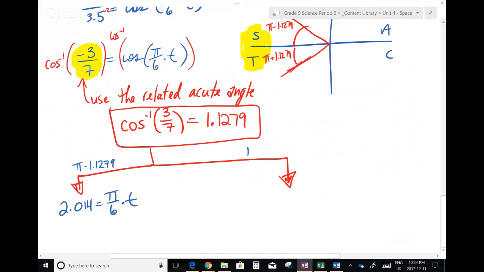And over here, I'm going to do pi plus 1.1279, and that is going to give me 4.269. And still, that's going to be equal to pi over 6 times t.